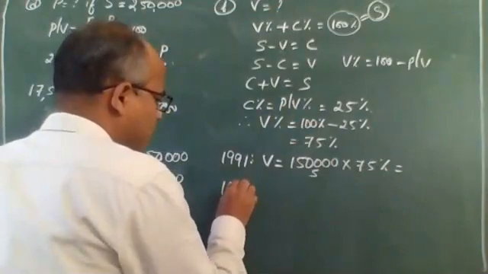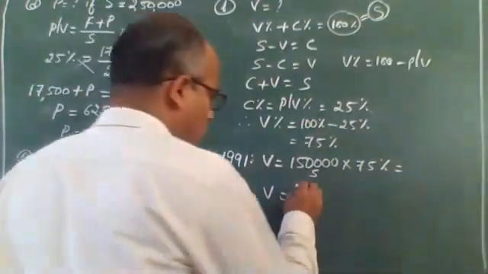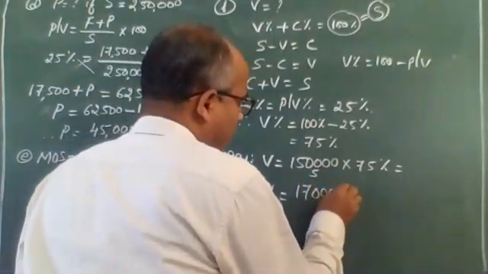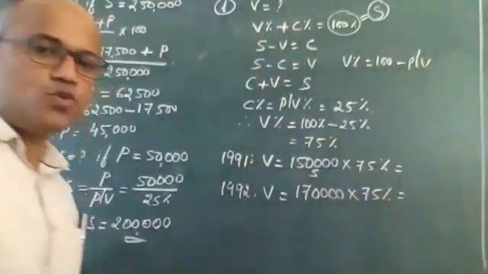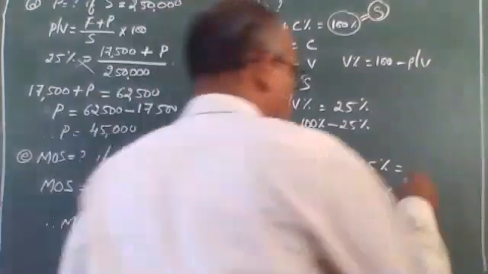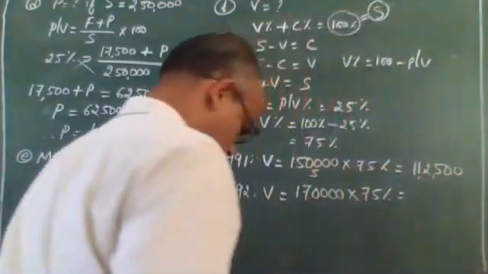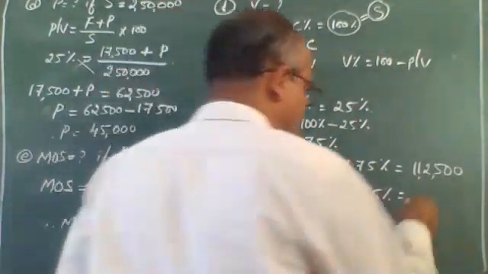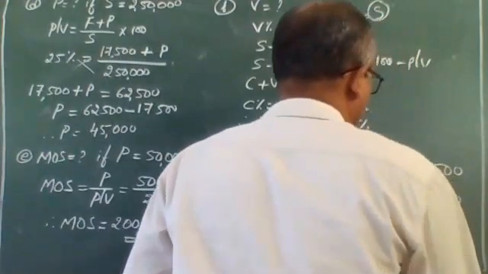And for 1992, the variable cost is, what is the sales? 1,70,000 multiplied with 75%. Your answer should be 1,12,500 this year, and in the next year, it is coming to 1,27,500. Is it okay?